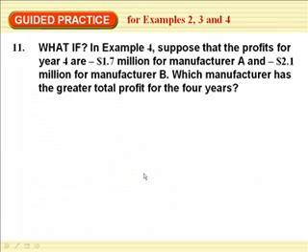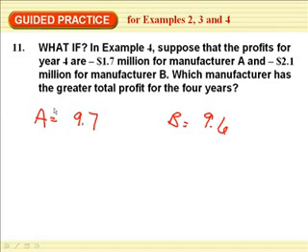What if in example 4, suppose the profits for year 4 are negative 1.7 million for manufacturer A and negative 2.1 million for manufacturer B? Which has the greater profit in those 4 years? They add a year, so A, look in my book, A was at 9.7, B was at 9.6.